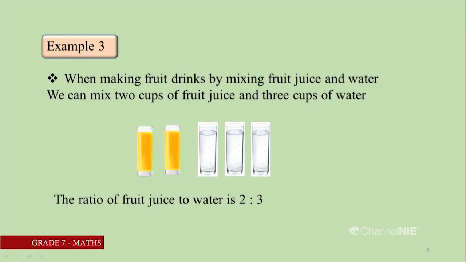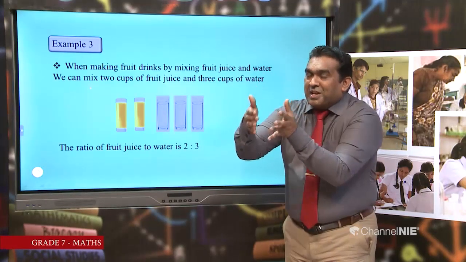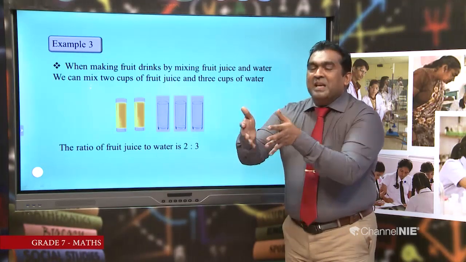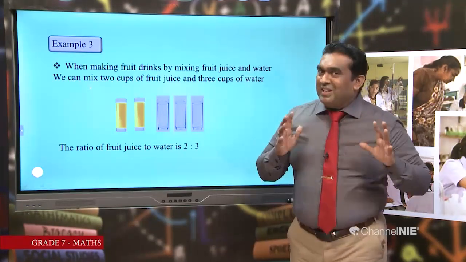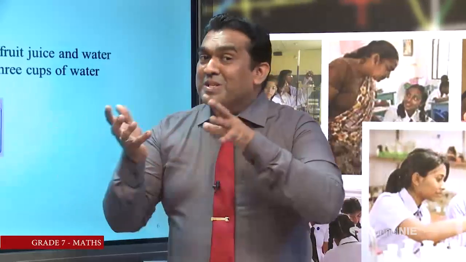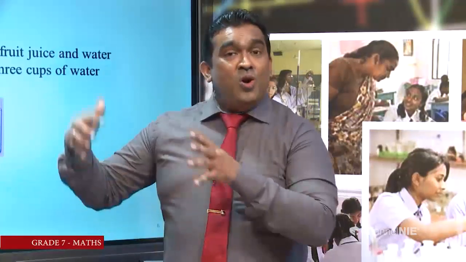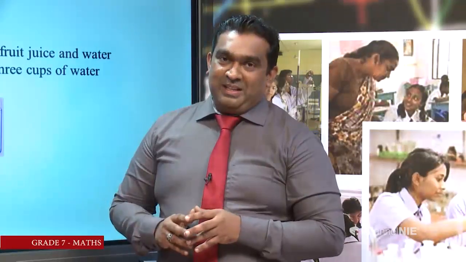The ratio of fruit juice to water is 2 to 3, because the first number is 2 and the second number is 3. Therefore, 2 is to 3 or 2 to 3.